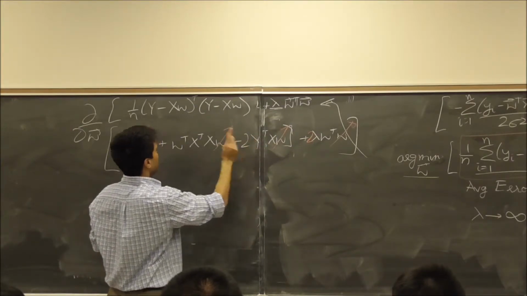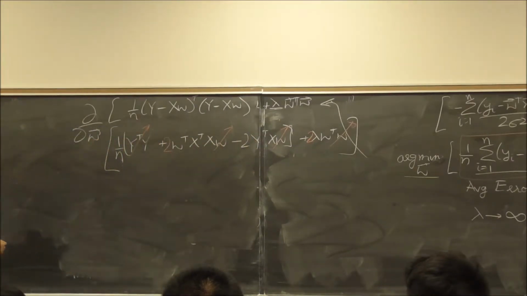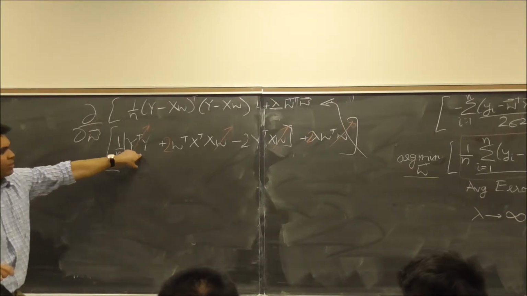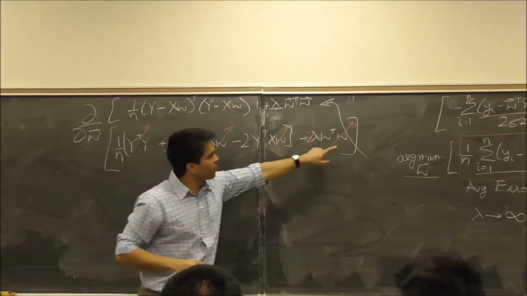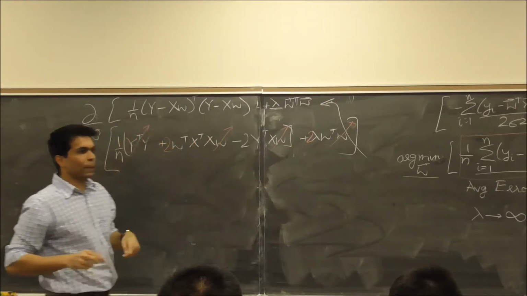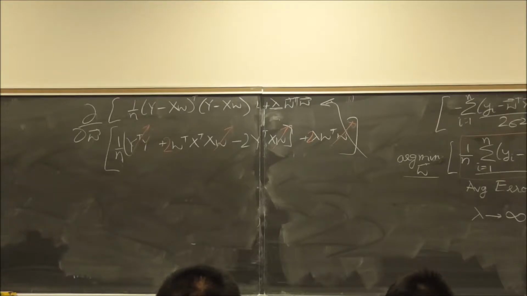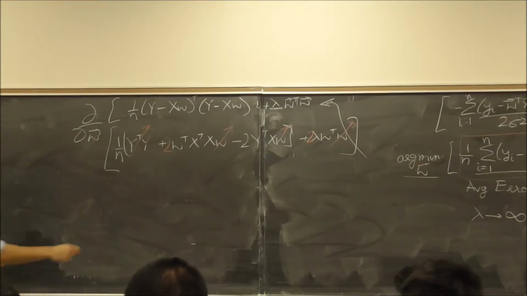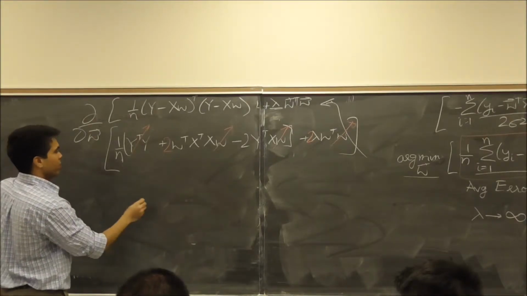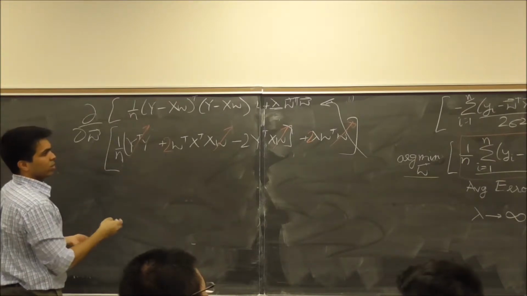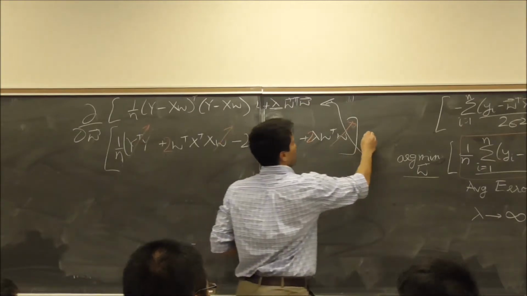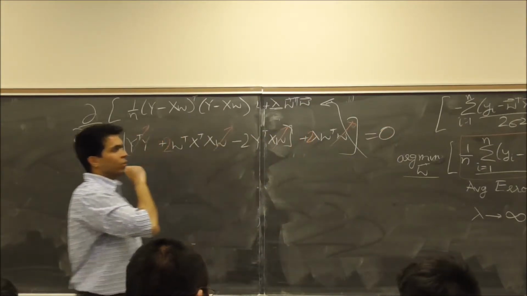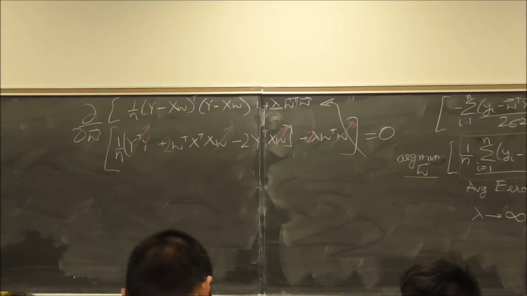Not there, but there. That's just the derivative. This term vanishes. This is a quadratic term in w, so that vanishes and I write 2. And I just set that gradient equal to 0. That makes sense?